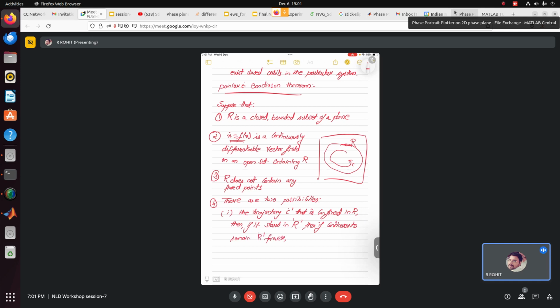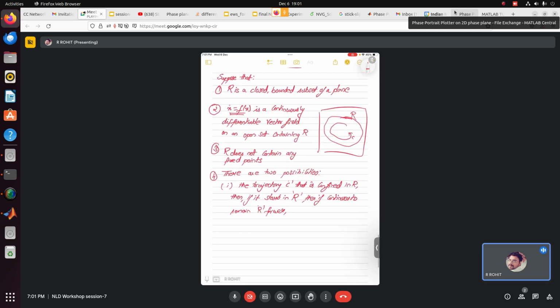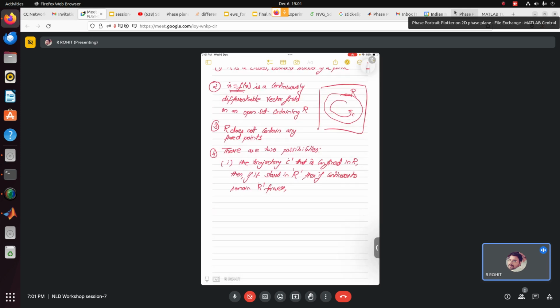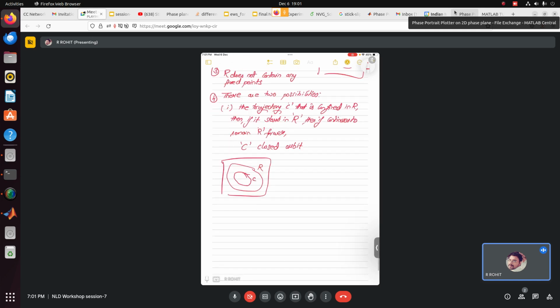So if you are having such a trajectory C inside this bounded region R, then C itself can be a closed orbit. So that means you have a plane and a region R, and this curve C itself can be a closed orbit. So that is one possibility you can have.